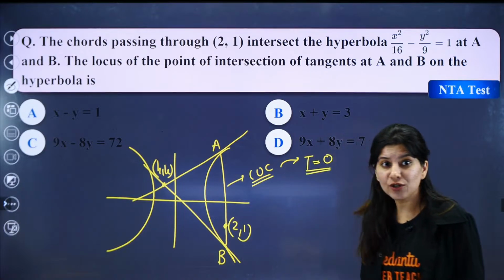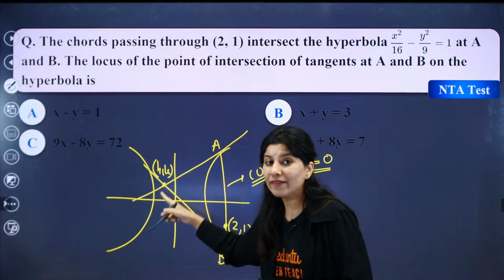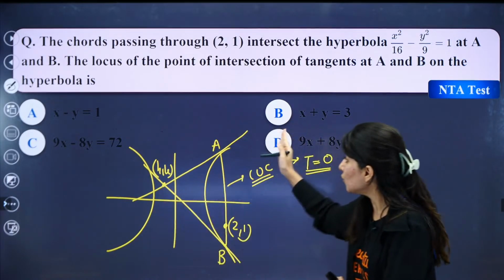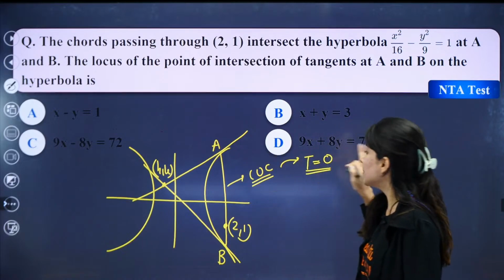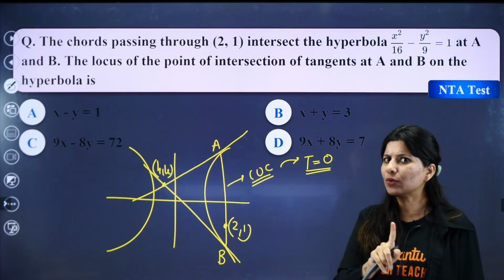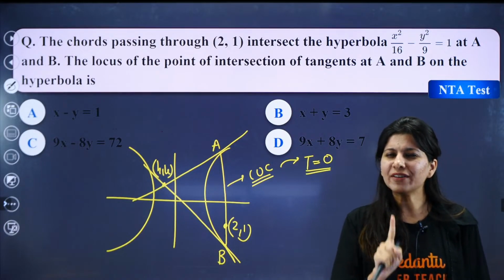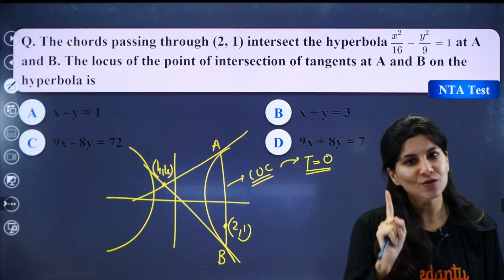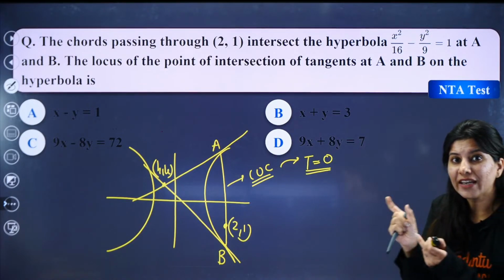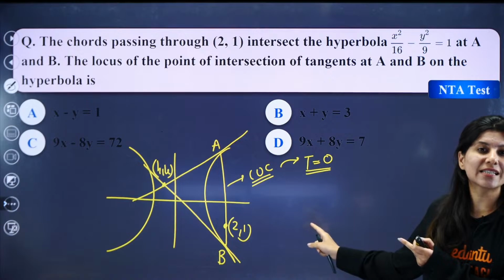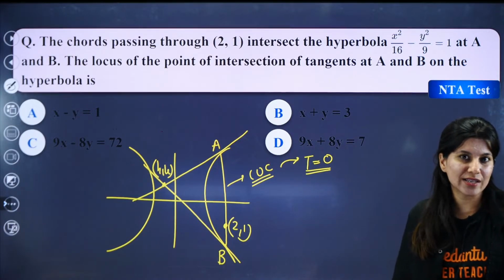The equation of the chord of contact is T equals 0: where you have an external point, you draw two tangents, and the chord of contact equation is given by T equals 0. You have attended my straight lines and circles sessions, so you will know this. I told you at the very end of the circle session that this is applicable for parabola, ellipse and hyperbola as well.